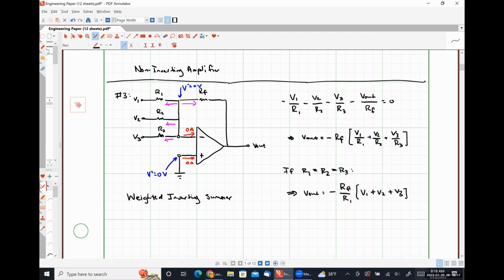And we now have an inverting summer. So we no longer scale each individual input signal by its own amount. They're all scaled by the same thing.